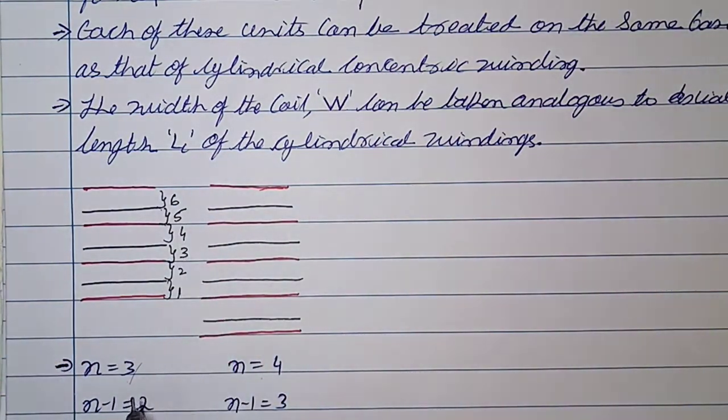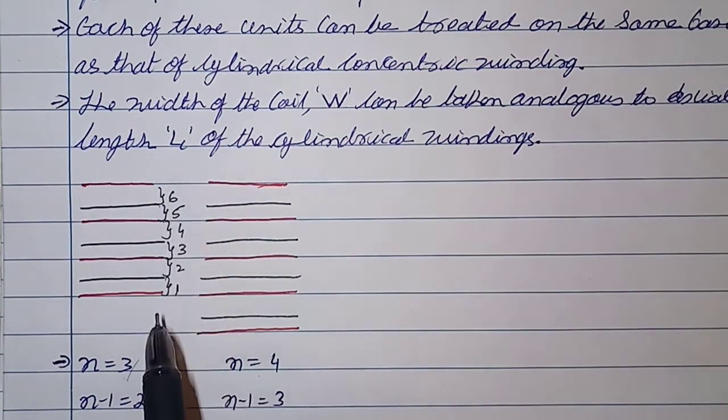So it is 2n: n is 3, so we get 6 units, which consist of half LV and half HV connected in series.